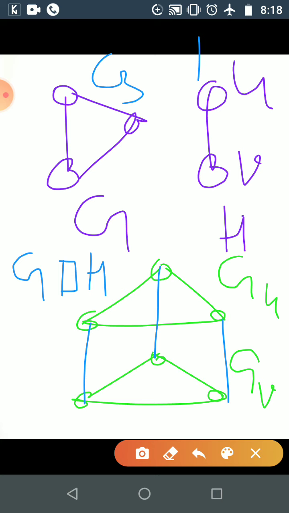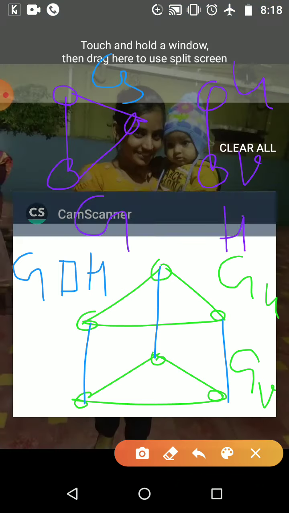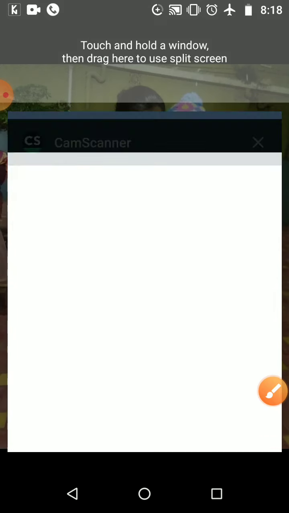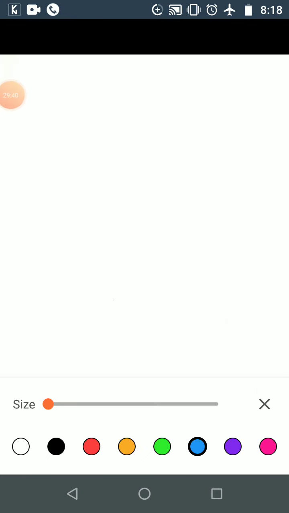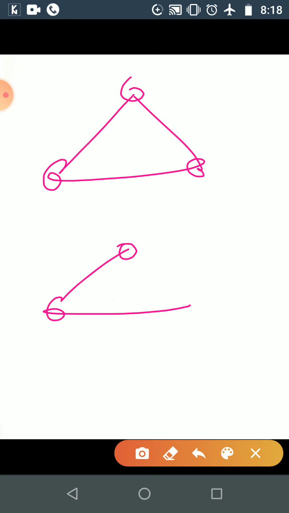So now if someone asks what is the chromatic number of the Cartesian product of this one, it was C3, correct. It is coming as a C3 copy, a C3 U copy, C3 V copy.